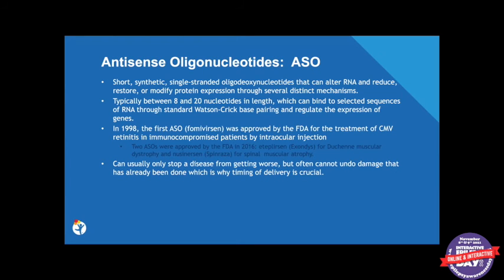And this kind of therapy is not actually science fiction. The first ASO, fomivirsen, was approved by the FDA in 1998 to treat CMV retinitis in patients with HIV/AIDS, and was given by intraocular injection, so injection into the eye. Additionally, two further ASOs were approved by the FDA in 2016 for the treatment of Duchenne muscular dystrophy and spinal muscular atrophy, very severe neuromuscular diseases of childhood.